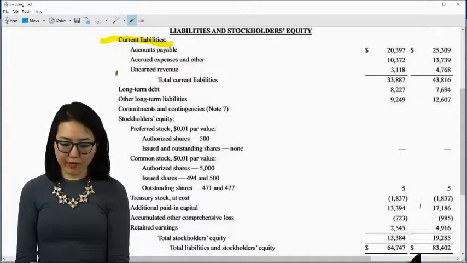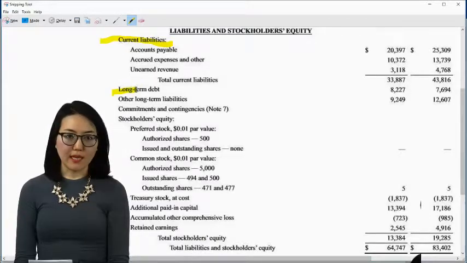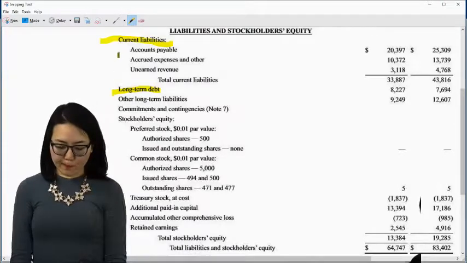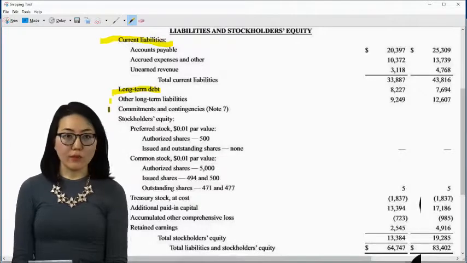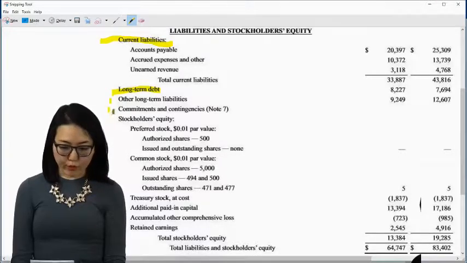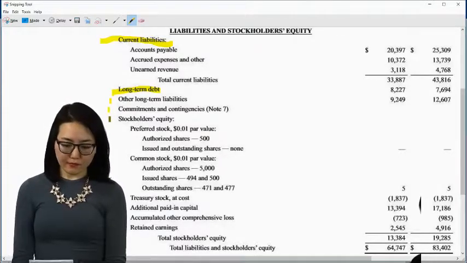Whereas long-term debt includes debts that typically take over a year to pay back, for example, mortgages, long-term loans, and large sums of money that have been used to invest into the company.